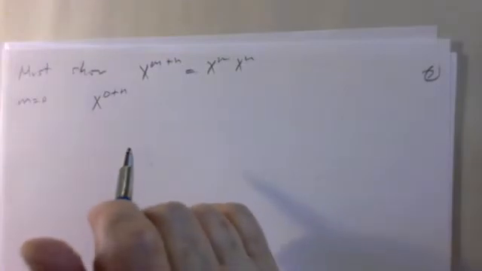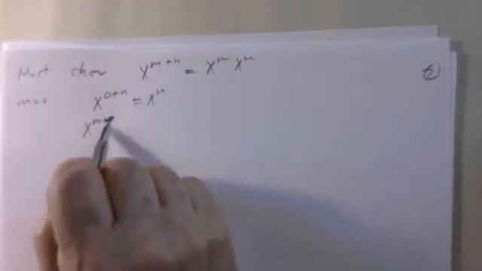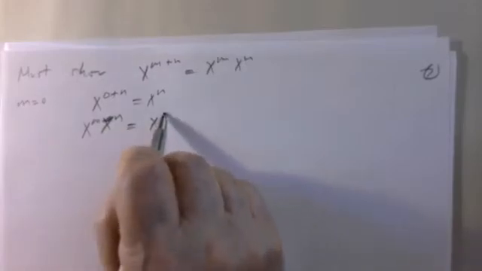So let's do this for m equals 0. For m equals 0, this says X to the 0 plus n. That's just X to the n. And X to the m times X to the n is X to the 0 times X to the n.